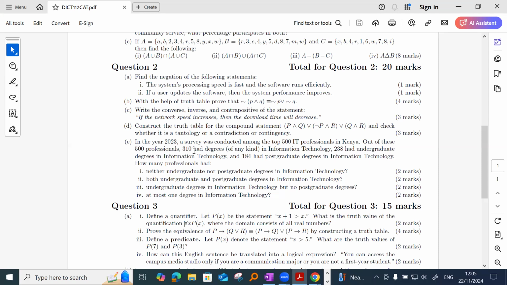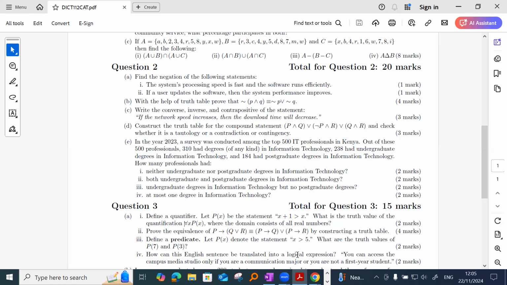When you are drawing your Venn diagram, there are only 2 circles: a circle of undergraduate degrees and a circle of postgraduate degrees. So the 310 is a combination of both. It's not the middle, inside the 2 circles. That's what it means.